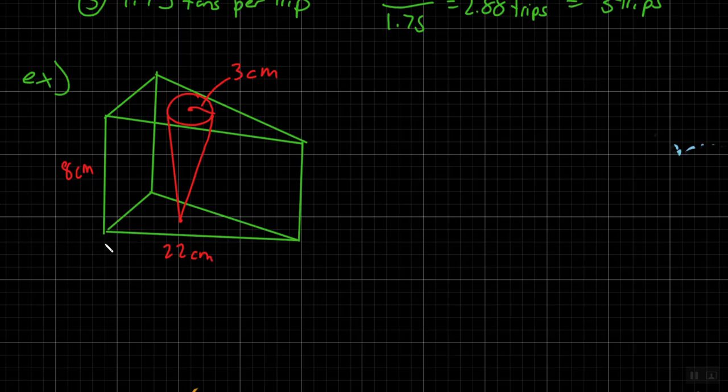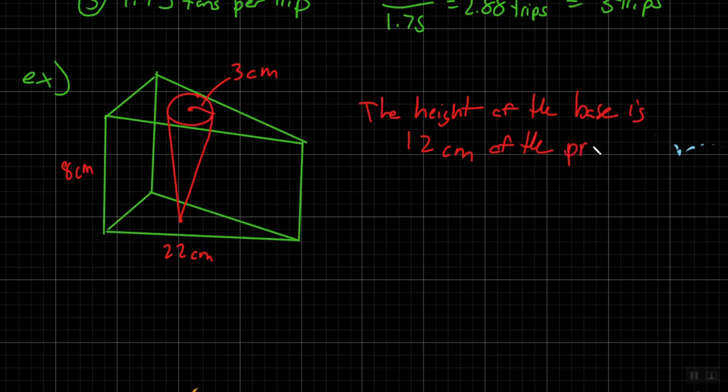Wait, the base of the prism is the height of the base. So basically, would it be this one combined with this one? So this shape is a cone, but we are inside of a prism.